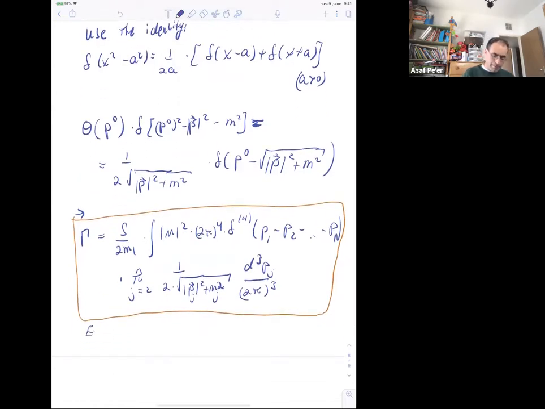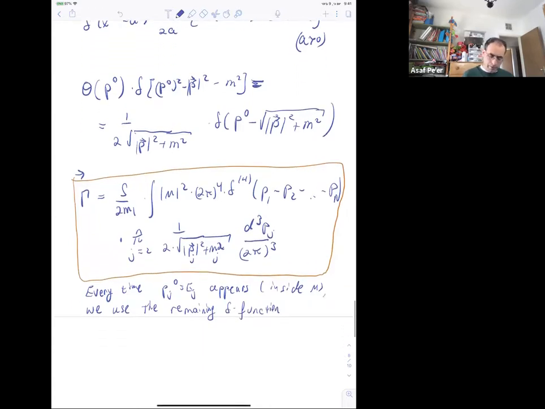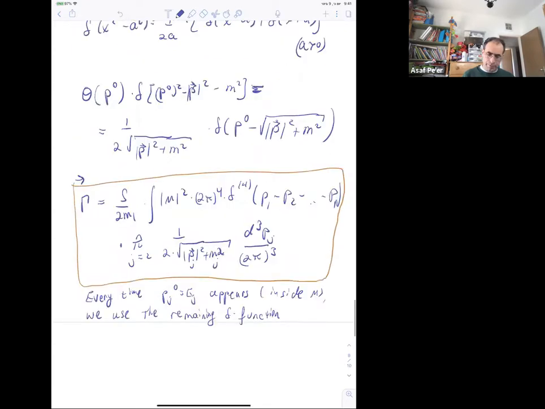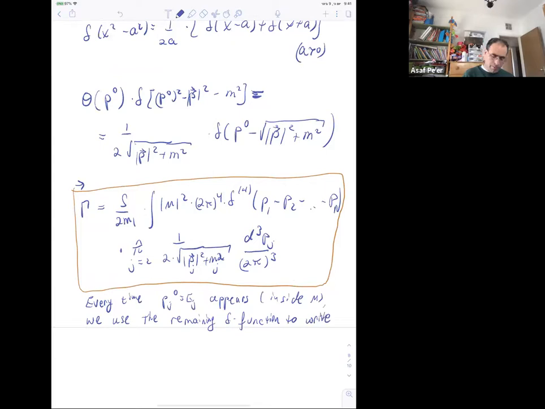So every time pj0 appears inside M, we use the remaining delta function and write pj0 equal to square root of pj squared plus mj squared.